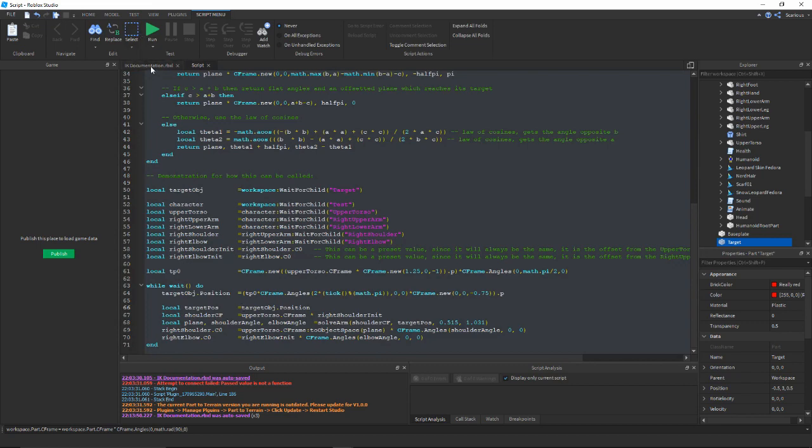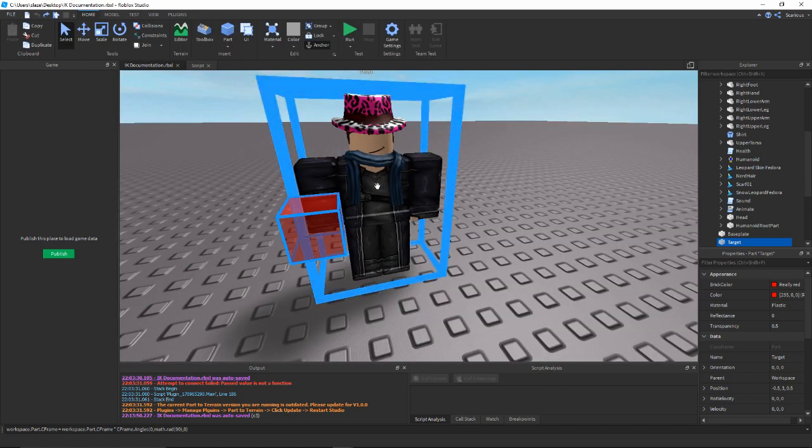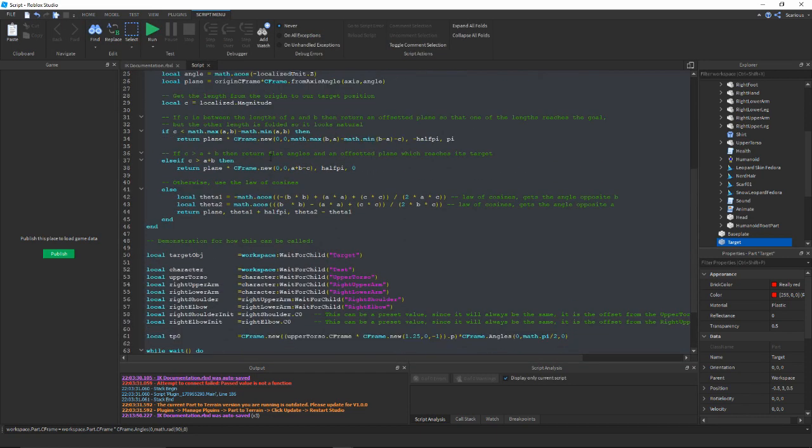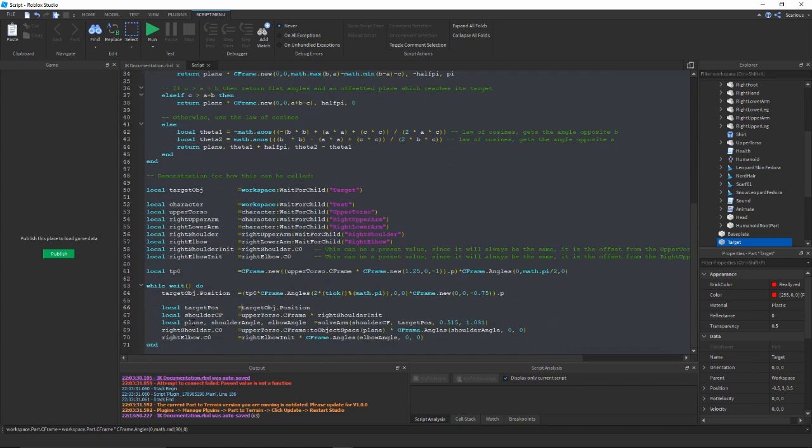The shoulder C-frame will just be the upper torso C-frame multiplied over, and then the plane, shoulder, elbow, and elbow angle have all been gotten using this. And then we just set those values based on the plane. So we put that into object space of the upper torso, and then we multiply it by the shoulder angle.